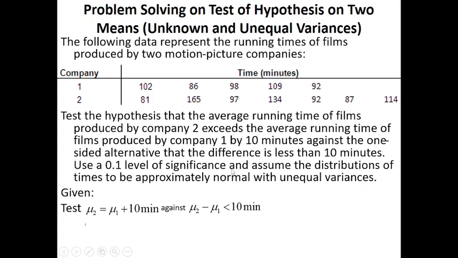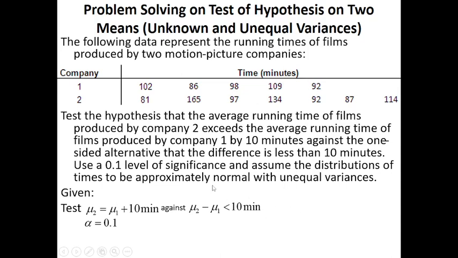So use a 0.1 level of significance and assume the distributions of times to be approximately normal with unequal variances.